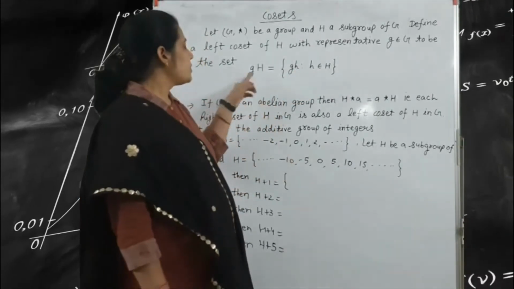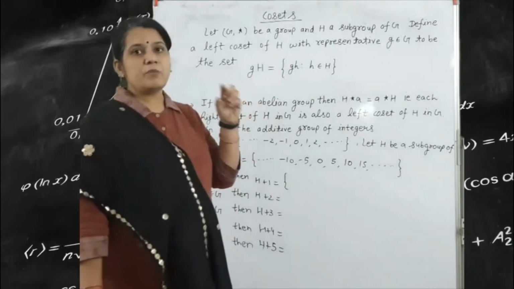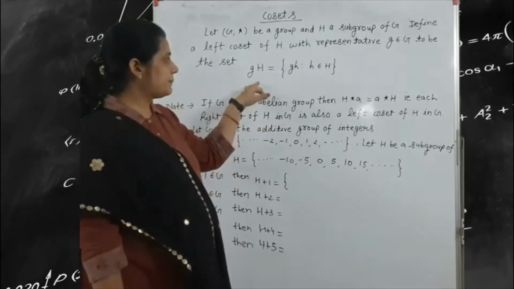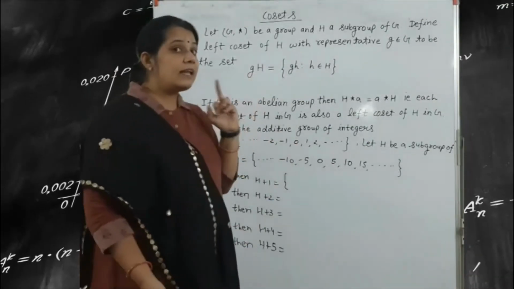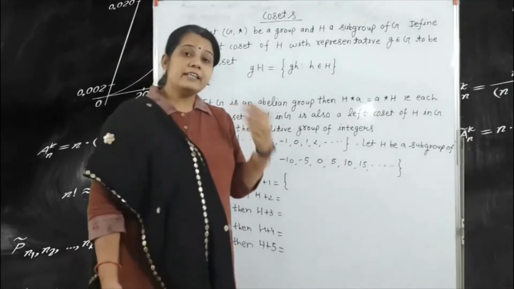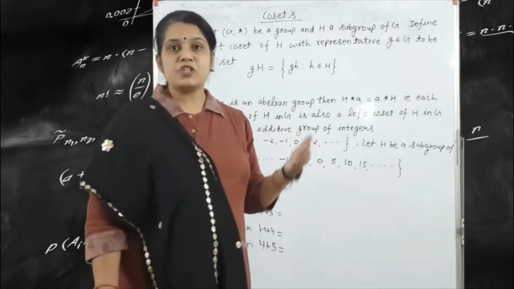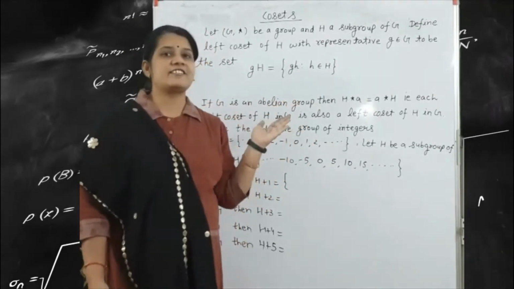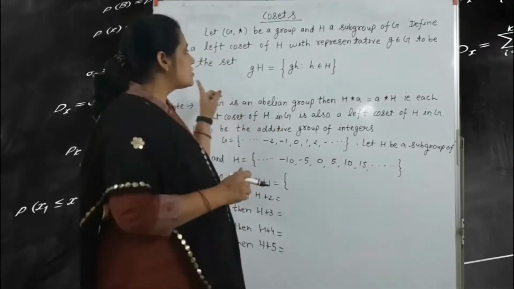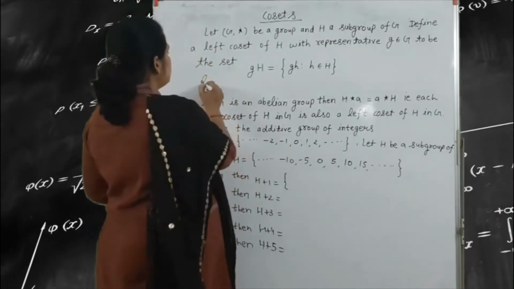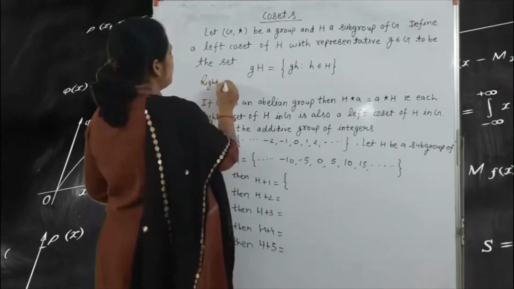Always keep one point in mind, which is very important. If capital H is on the right hand side, then this is the left coset. In case capital H is on the left hand side, then this is a right coset. So what is the definition of the right coset?